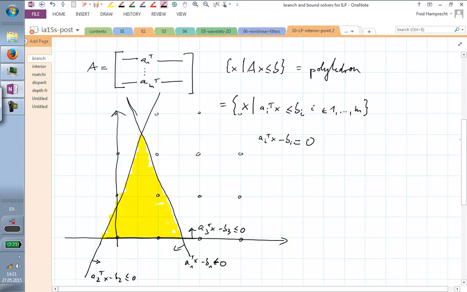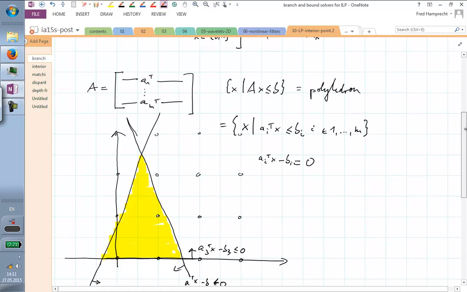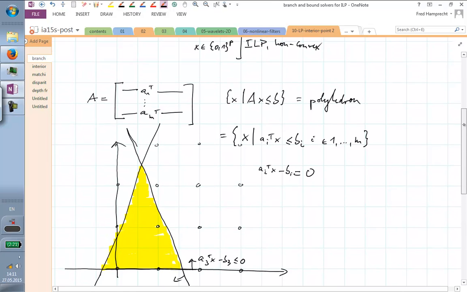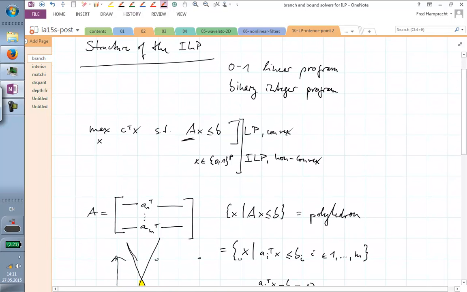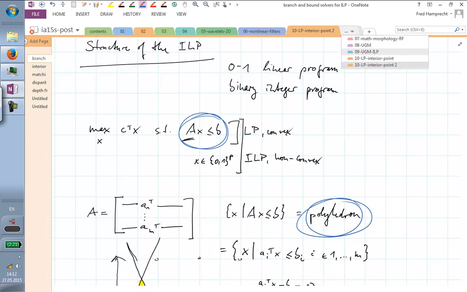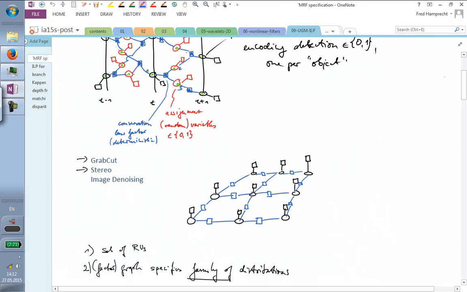Now, if we remember what part of the ILP defines this polyhedron, it was this part here. So those constraints give me the polyhedron. And let's remind ourselves, where in the graphical model did this come from? I will look at yesterday's derivation.